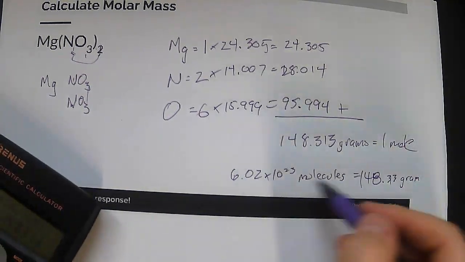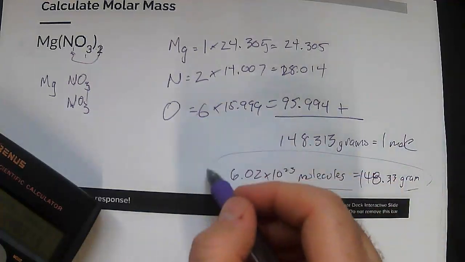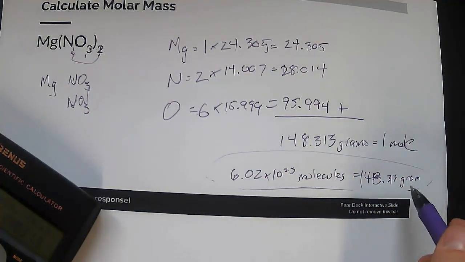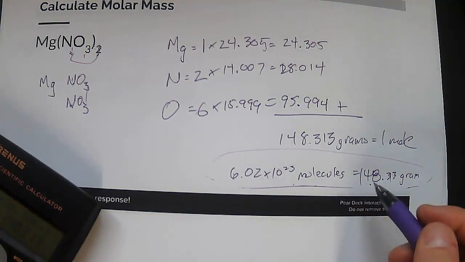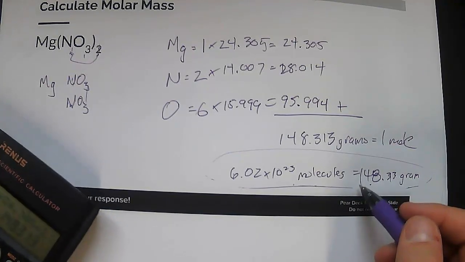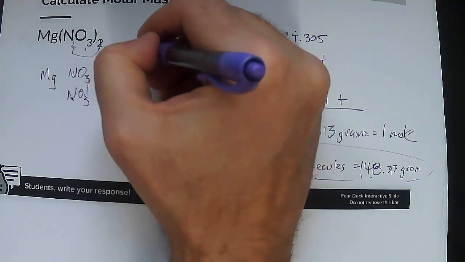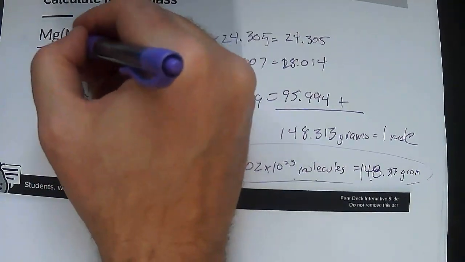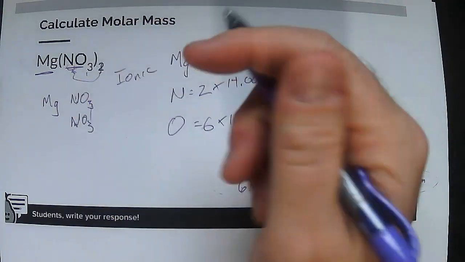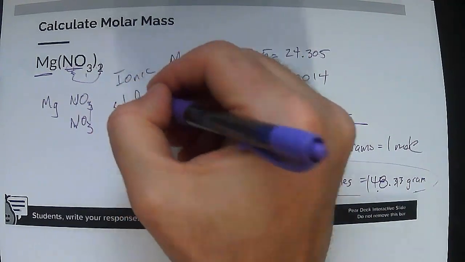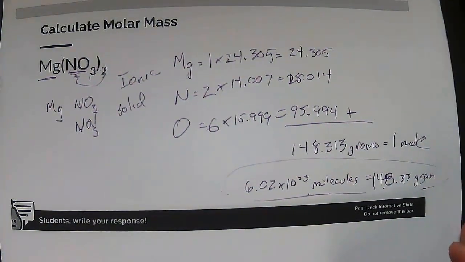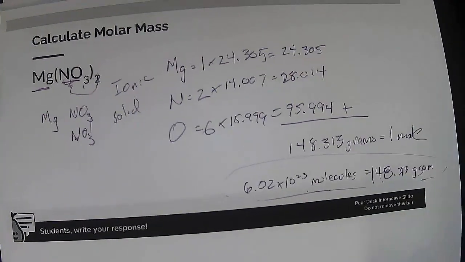What this does is it gives us an easy way for us to visualize a specific quantity of this compound. And this is an ionic compound, because it's got a metal and some nonmetals, and so this is a solid. And that gives us insight into this compound.